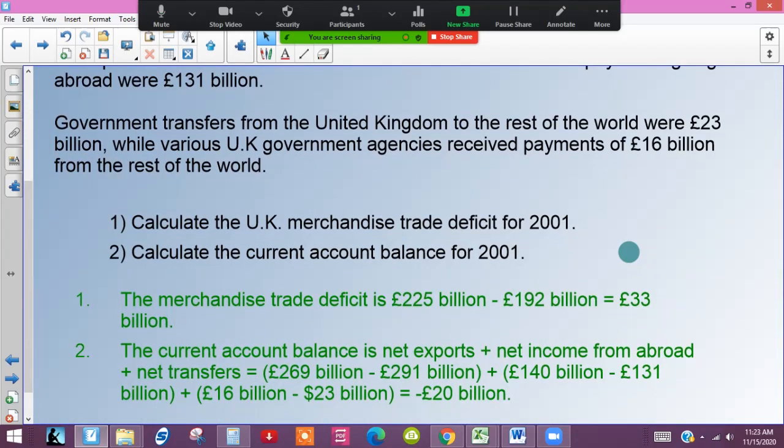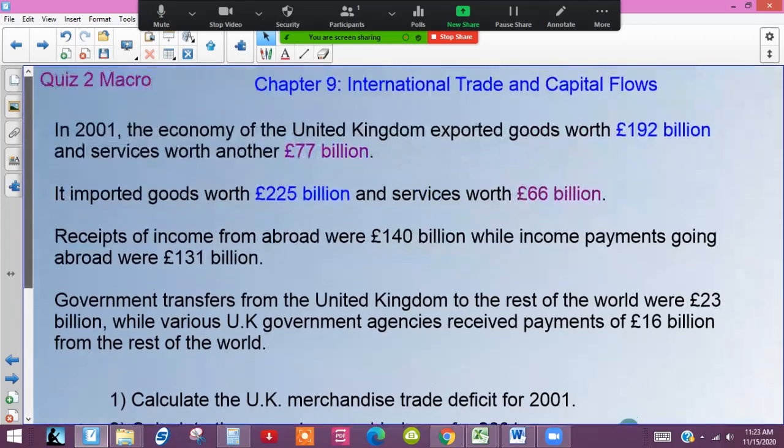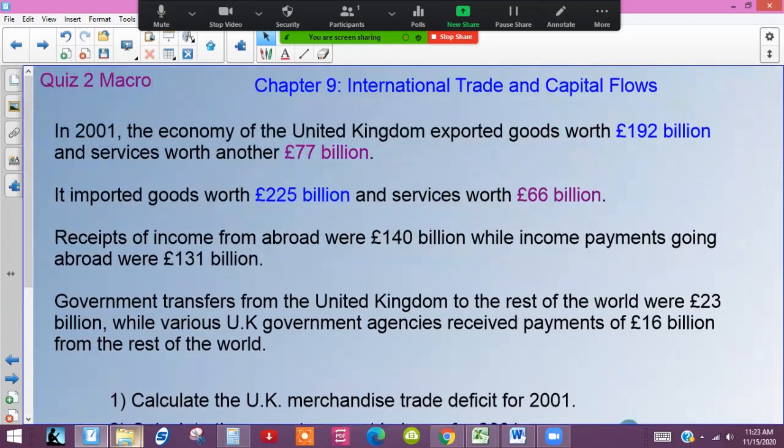First of all, net exports is going to be total exports minus total imports. This 269 billion right here is coming from total both goods and services that were exported, right? So we can grab our calculator real quick.